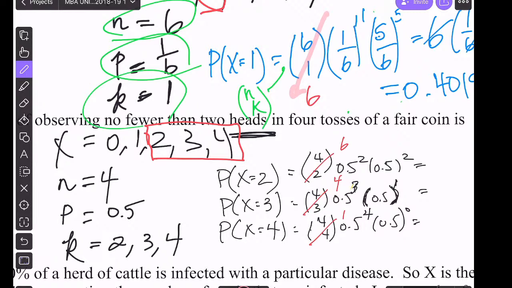Okay. So I would just put in 6 times 0.5 to the 4. 4 times 0.5 to the 3 times 0.5. And then just 0.5 to the 4.